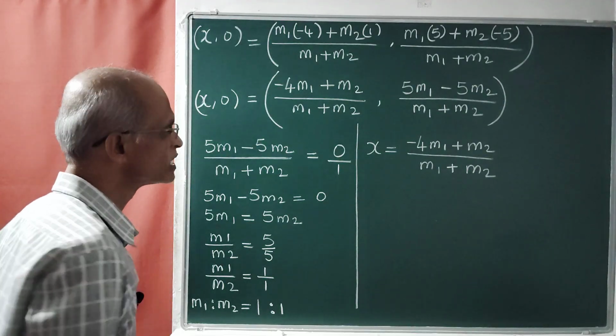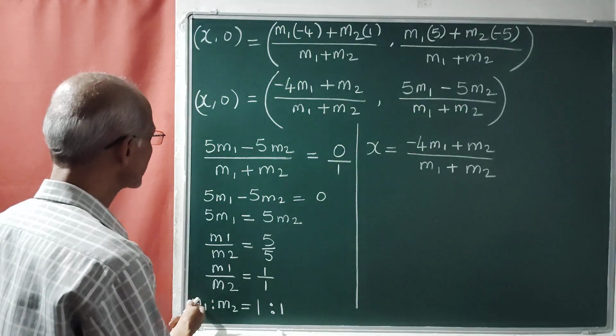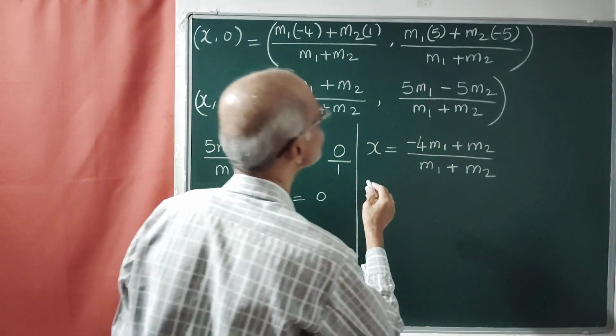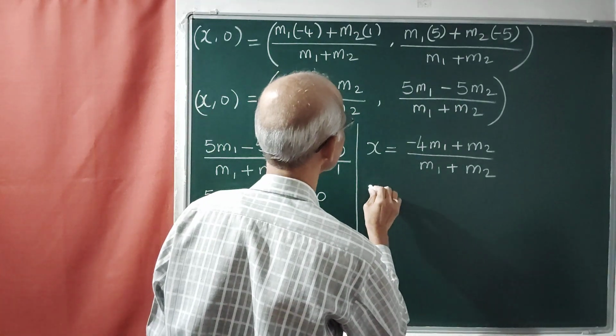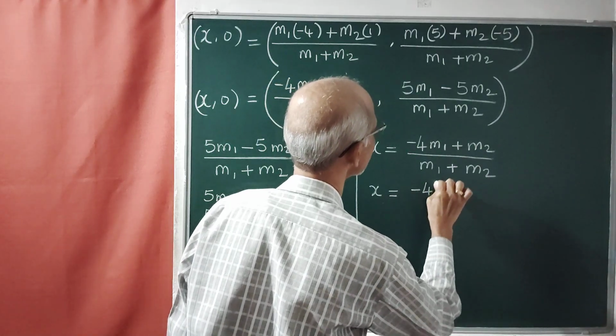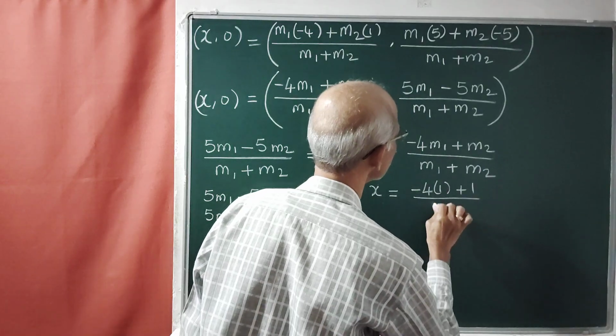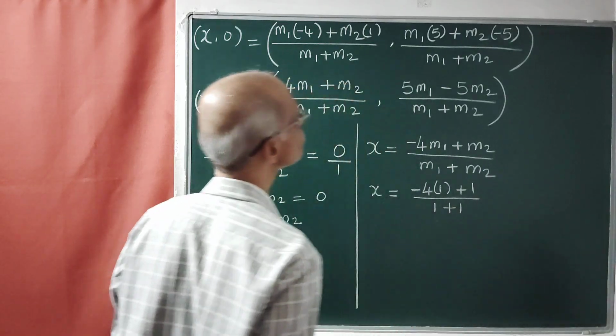Now we will put the values for m1 and m2. m1 is 1, m2 also is 1. So x will be equal to (minus 4 into 1 plus 1) divided by (1 plus 1).